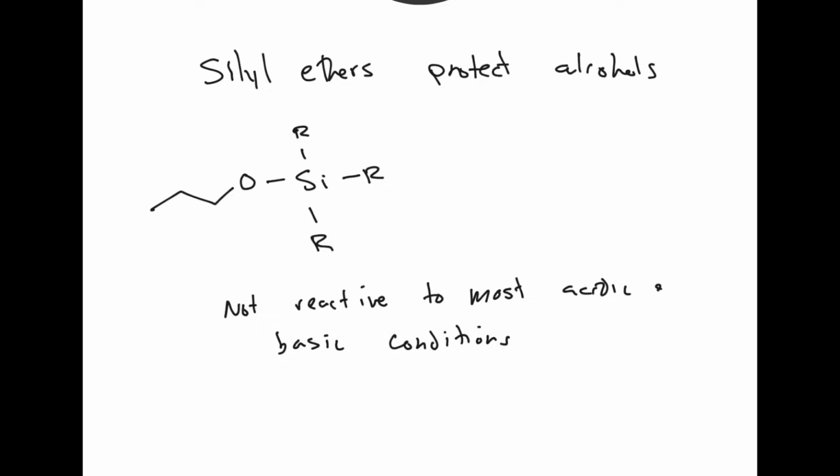So there are a bunch of different versions of silyl ethers depending on what the R group on the silicon is. They all have slightly different properties depending on how big those R groups are.